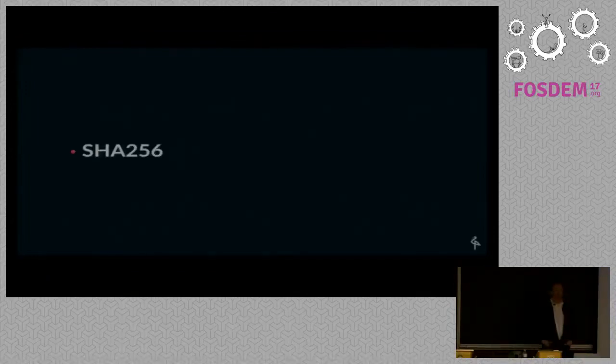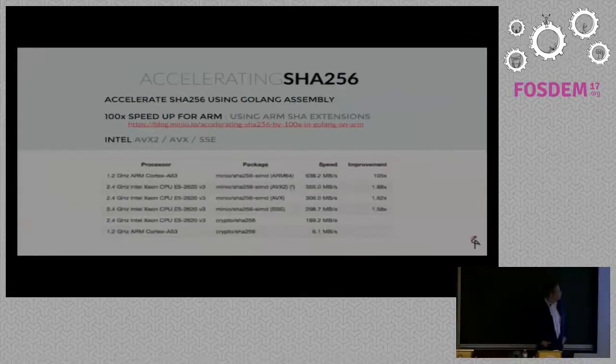Okay, that was about the Blake2B algorithm. We've also done some work on the SHA-256 algorithm. Most notably also for the ARM platform, because the ARM platform actually has specific instructions to accelerate SHA-256 calculations, and they make a tremendous amount of difference, because it literally is 100 times faster than not using those instructions.